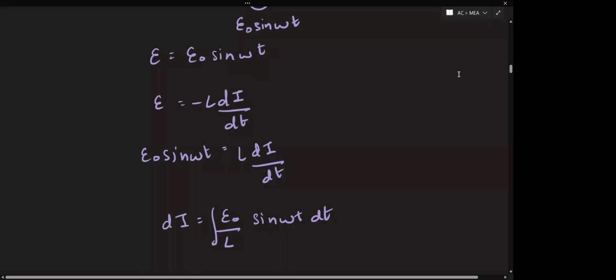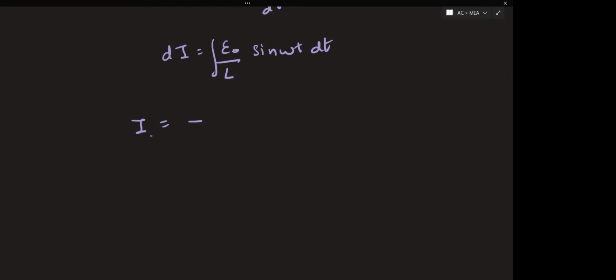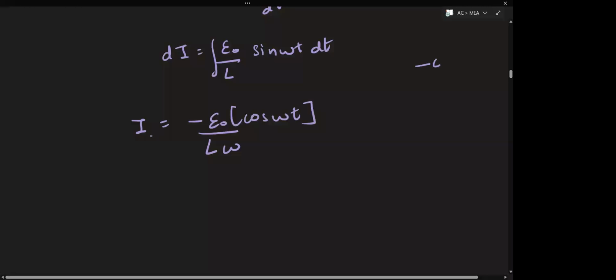Integrating sine omega t gives minus cos omega t divided by omega. So I will be equal to minus E naught by L, and this omega will come, times cos omega t. That's what I've written.